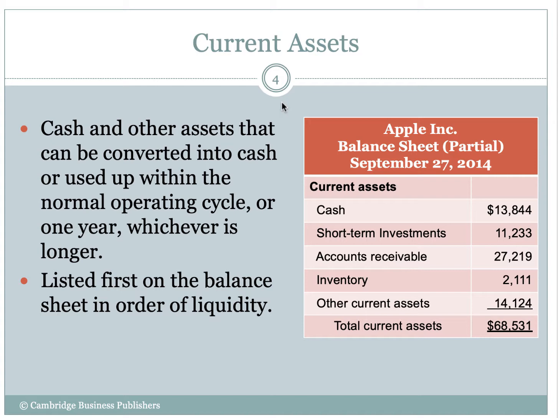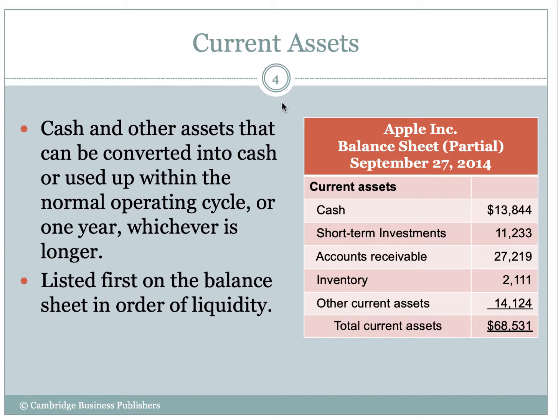These are investments that are going to be converted into cash within the year or the operating cycle, whichever's longer, okay? We already discussed accounts receivable, right? We know accounts receivable exhibits a right to collect cash, right? The corporation believes that those accounts receivable are going to be converted into cash within the year or the operating cycle, whichever's longer.